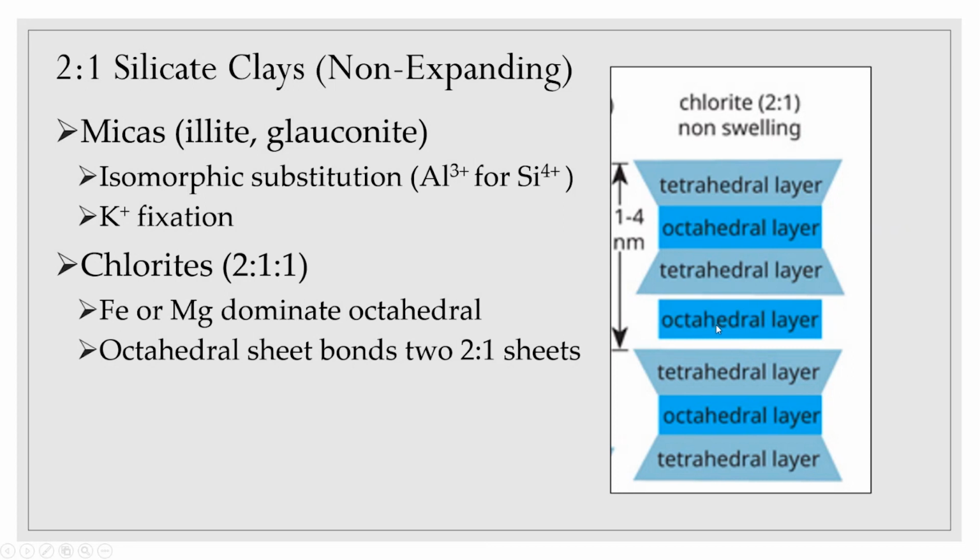So we're going to basically have an even stronger lock than we would have with our micas. Micas are 2-to-1, chlorites are 2-to-1-to-1.